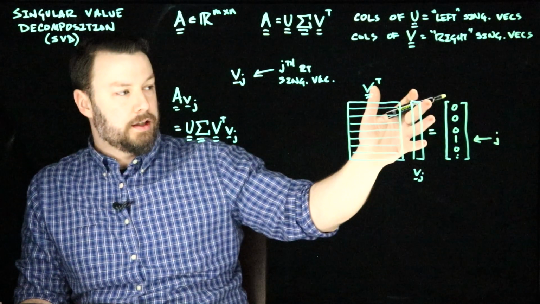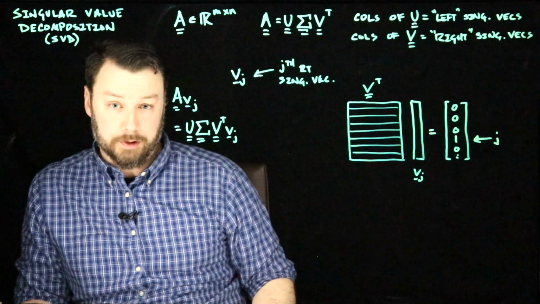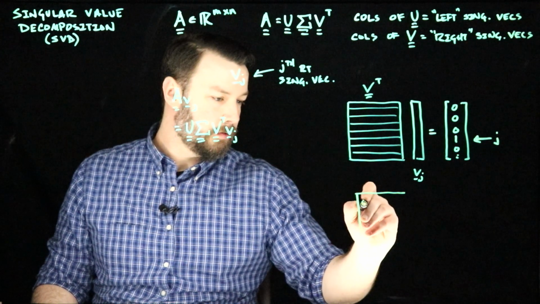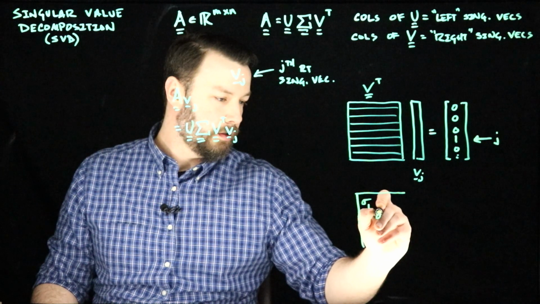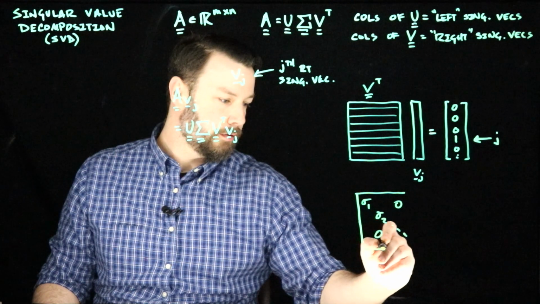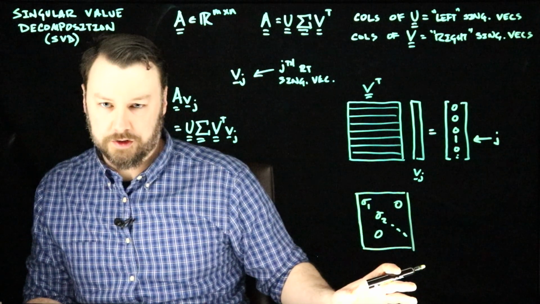Now what happens if we take that slicing vector and multiply that by sigma? If we think that through, sigma has sigma 1, sigma 2, and so on, and zeros everywhere else. We'll just imagine this is a reduced form now. It doesn't change anything.